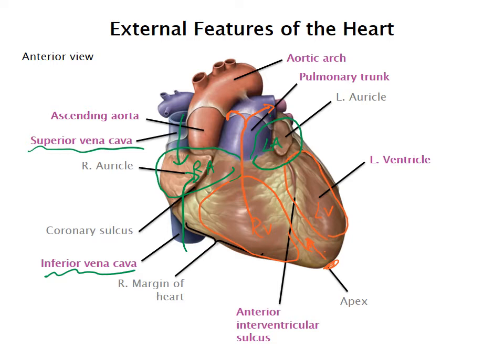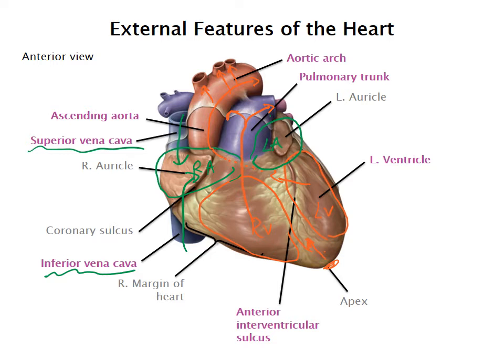Then we have the left ventricle expressing blood this way out into the aorta. And again, 1, 2, 3, or 4 options for that.